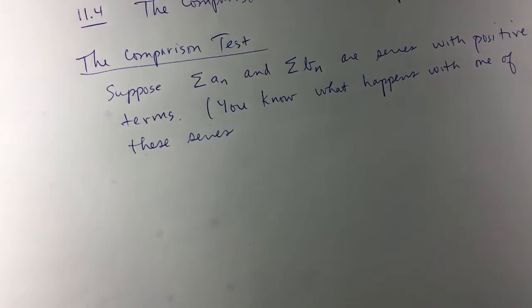And in the write-up of the comparison test, they're assuming you know what happens with B sub n.